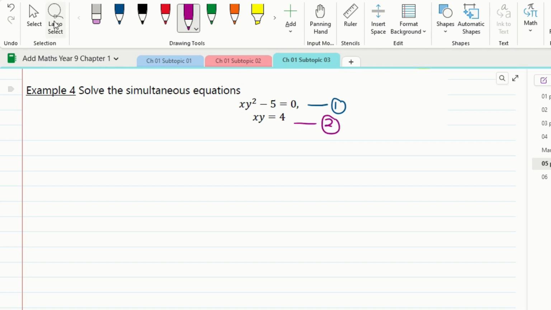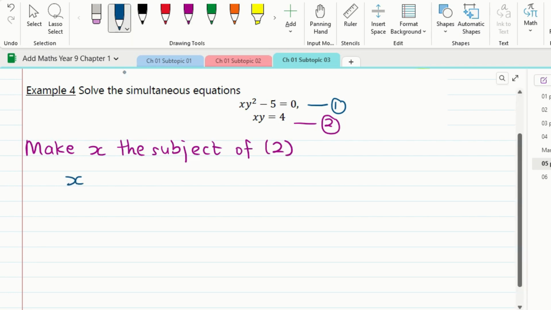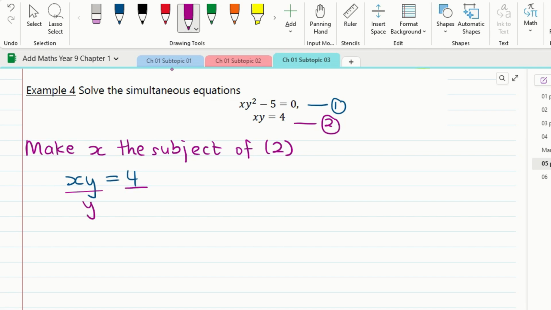So what you can do for this one is proceed with making any unknown the subject. Say I would like to make x the subject of equation number 2. Because initially you have xy equals 4, if you try to isolate x, please divide by y. So you will have x equals 4 over y.